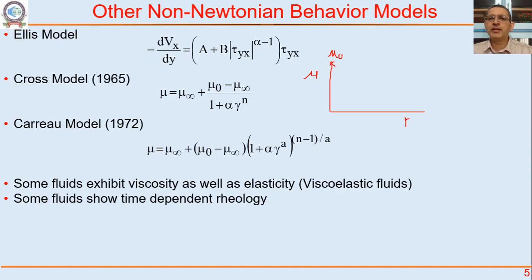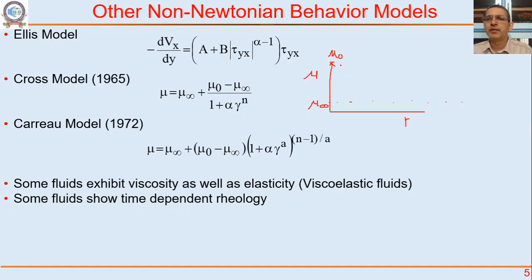And as you increase the value of gamma, this denominator becomes larger and larger. This whole term tends to become 0. Mu becomes equal to mu infinity, the infinite shear viscosity. So this is mu infinity. So the mu value changes between mu 0, zero shear viscosity, and mu infinity, infinite shear viscosity.